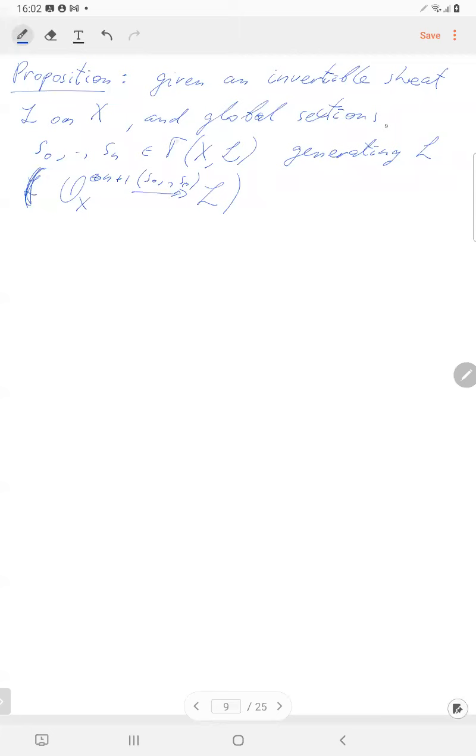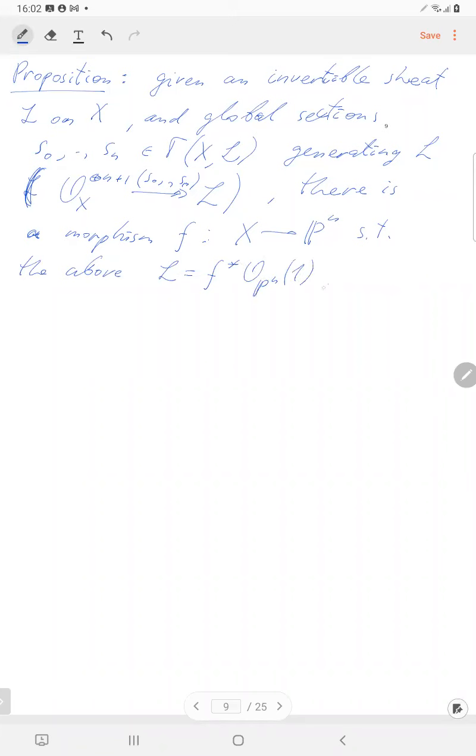So given all this, there is a morphism F from X to P^n such that L is just the pullback of O(1), and all those S_i are just pullbacks of the standard sections.